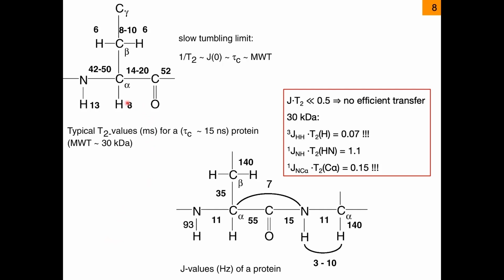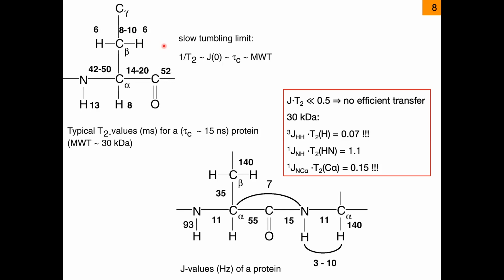And these T2 times are in milliseconds. So, for example, you have an amide proton T2 of 13 milliseconds and a nitrogen T2 of 40 to 50 milliseconds. The alpha T2 of 15 to 20 milliseconds, CO 52, and so on.